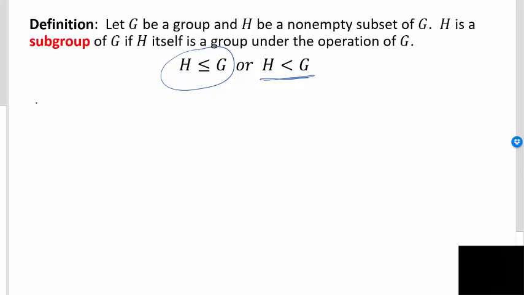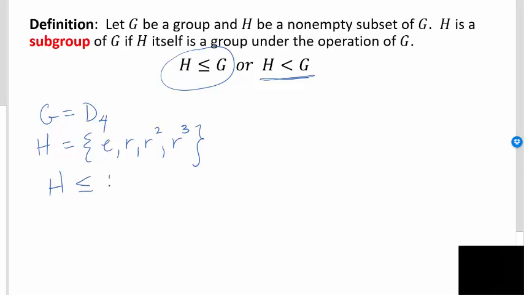So let's look at some examples. Let's say that we are thinking of the group being D4, and H, the subgroup, is the set of rotations: E, R, R squared, and R cubed. We can say that H is a subgroup of D4. Why? Well, think about it. H is closed under the operation in D4, which is function composition.